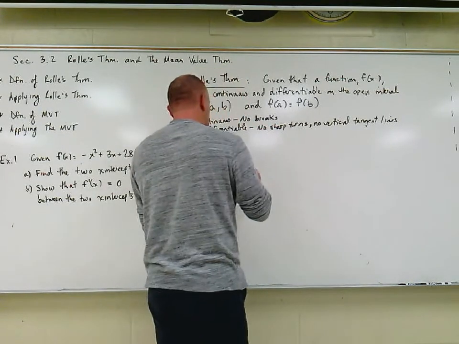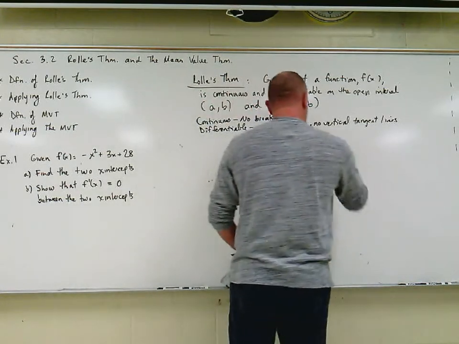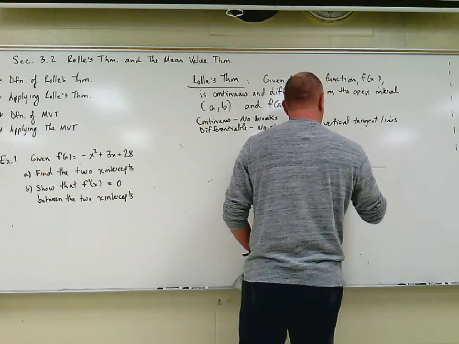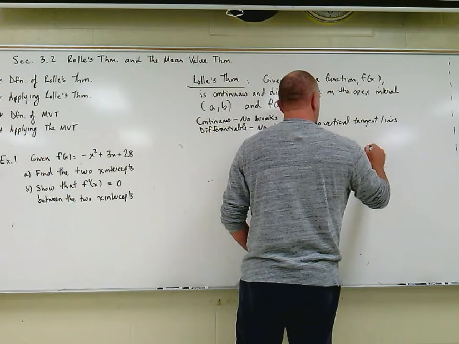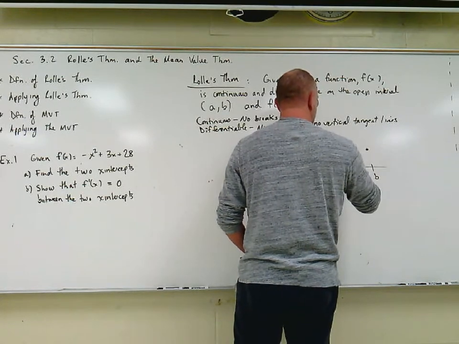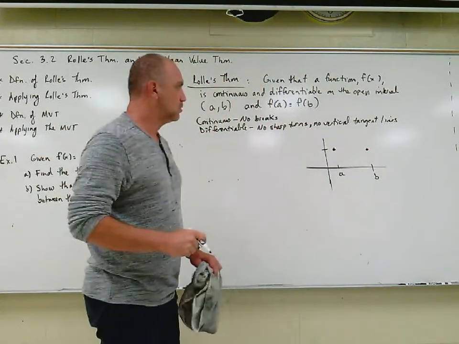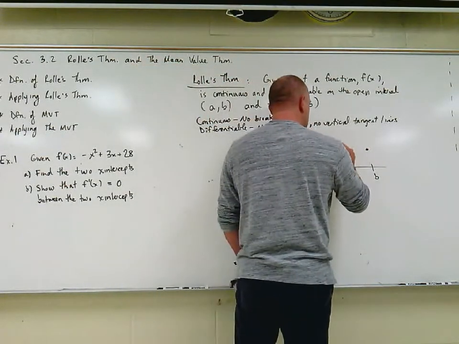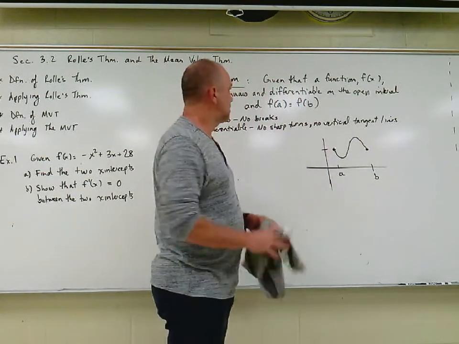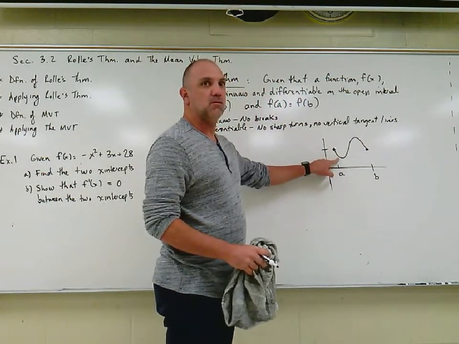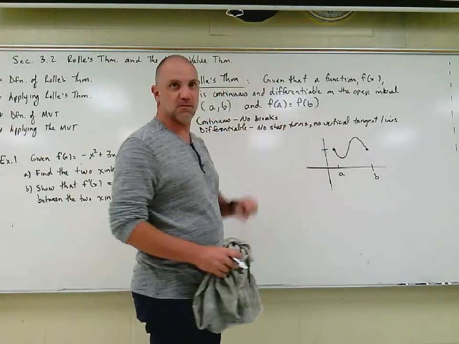So for instance, if I'm looking at a picture of this right now, here's A, here's B. We know that f of A and f of B are at the same height. Would that be acceptable? Is it continuous? Yes. Are there any sharp turns? No. So this picture would fit this.